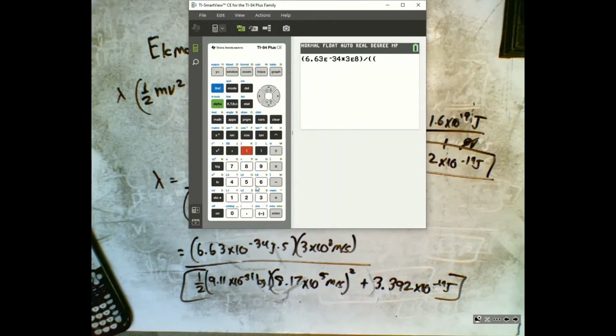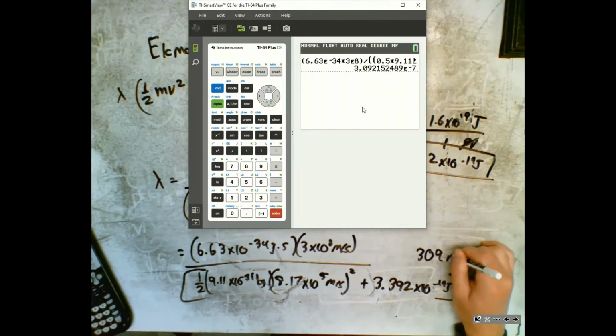So 1/2 times 9.11 times 10 to the negative 31 times 8.17 times 10 to the 5, and I want the squared inside the bracket right after my scientific notation, and then I want to add that on to 3.392 times 10 to the negative 19, and then close my bracket on the bottom, and I get that, which looks to be about 309 nanometers.